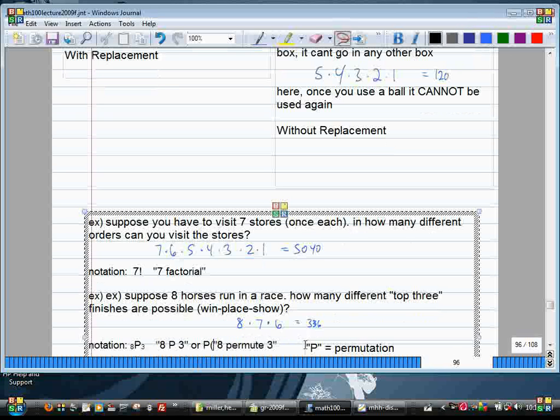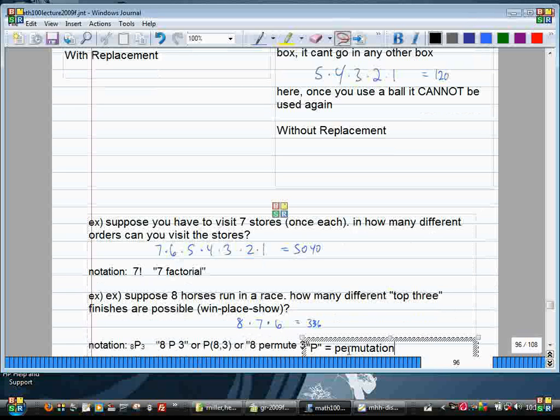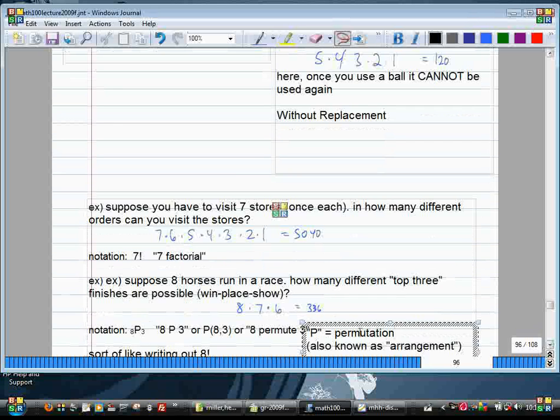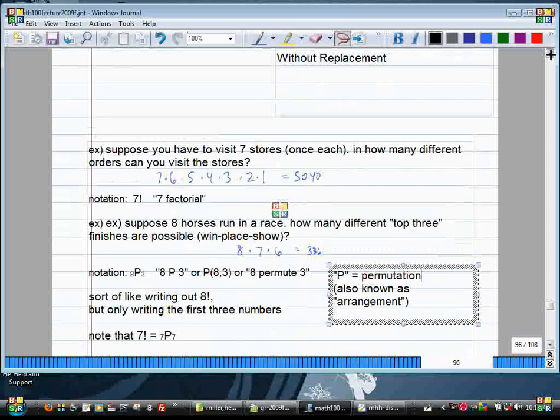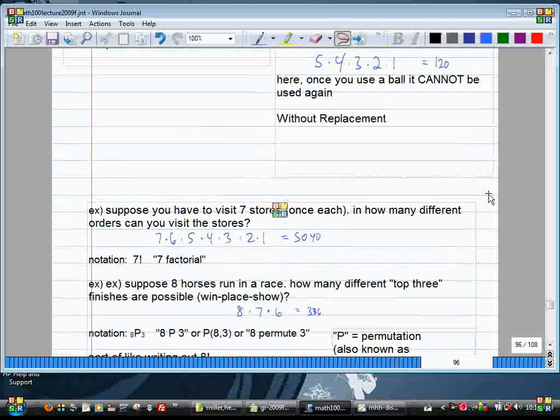So actually, there's another notation. All right. So there are a couple different ways to write this.